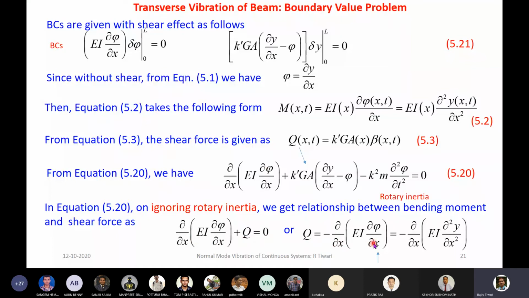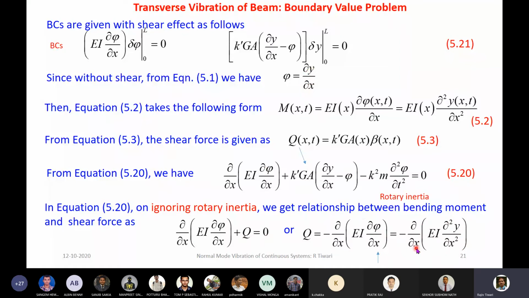When we note the shear deformation, shear force is there, but we are not considering the shear deformation effect. So this phi can be replaced by dy by dx. So this equation is familiar to you, that shear force is basically the third derivative of y multiplied by EI.